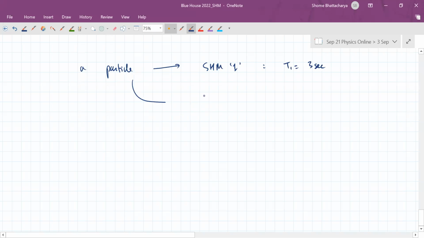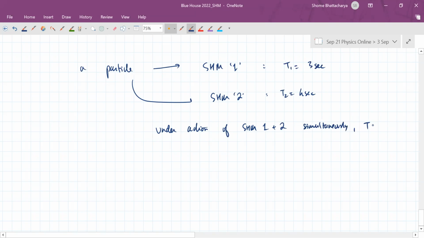And if it is under the action of another SHM, it has a time period of 4 seconds. So if it is under the action of SHM 1 plus 2 simultaneously, then what is its time period?